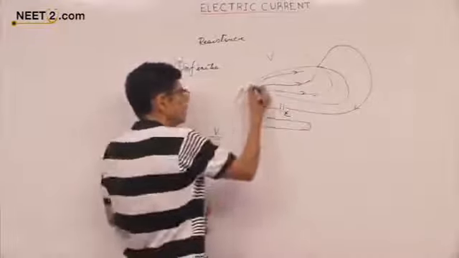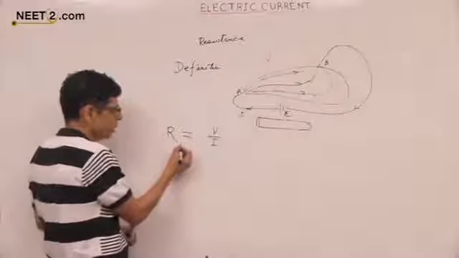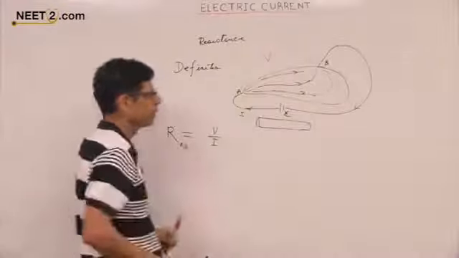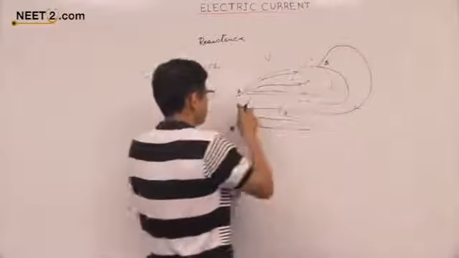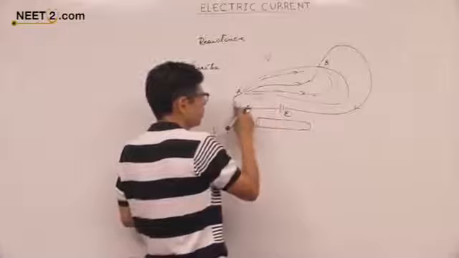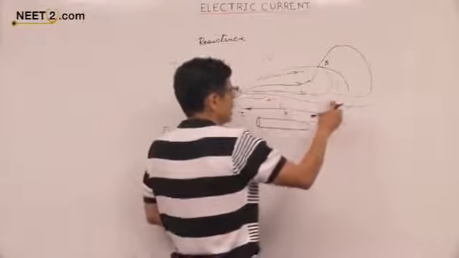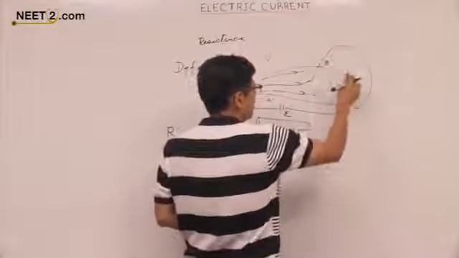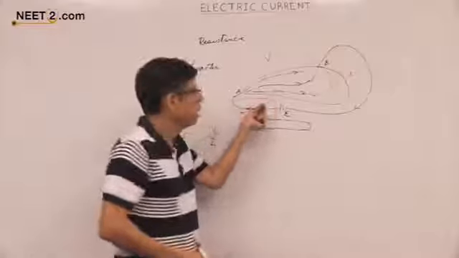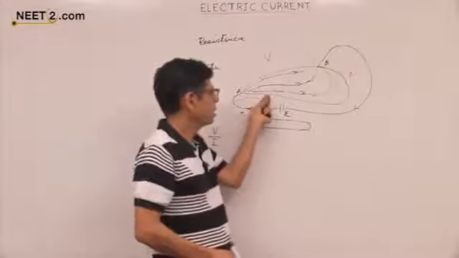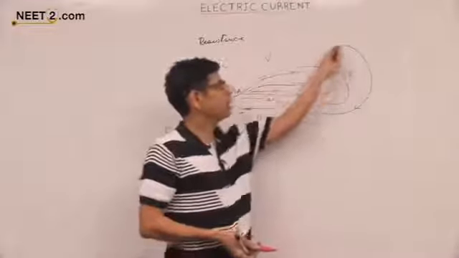If these 2 points are A and B, then it is the resistance of that object between points A and B. If instead these 2 lead wires were connected elsewhere, for example, from here I bend the wire and connect it there instead, A dash, and this wire comes here, B dash, then the charges will come out from here, spread all around and be collected and go like that.